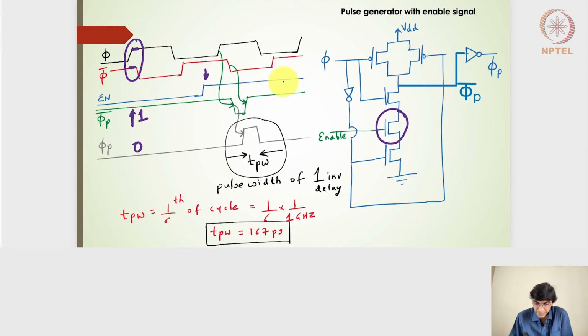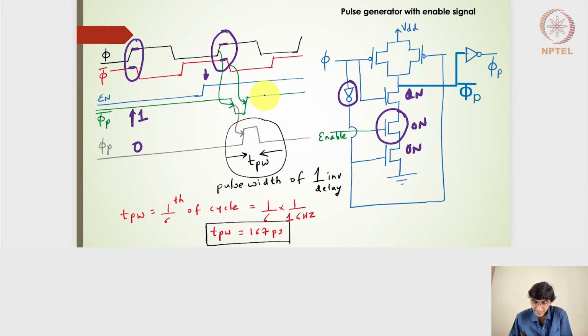The moment the enable becomes 1 here, the overlapping ones here are generated due to inverter number 1 here, right? So this particular overlap will generate a low phi p bar signal. Because the enable is high, this particular transistor is on, this is also on, this is also on, and this is also on. So the phi p bar signal will go down.